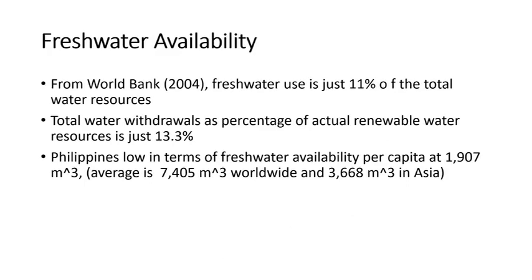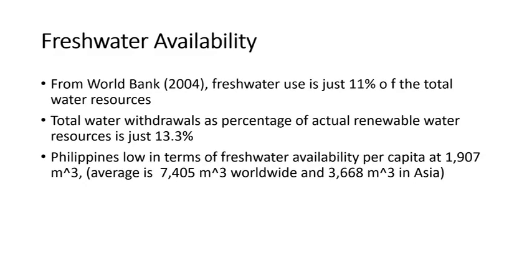In terms of freshwater availability, or the fresh water that is actually being extracted and available to every person in the Philippines, our freshwater use is just 11% of our total water resources. And our total withdrawals as a percentage of actual renewable water is just 13.3%, which is actually quite a good thing.